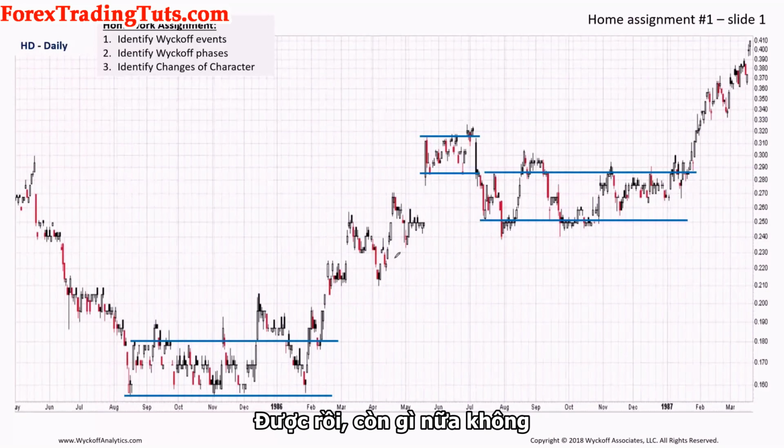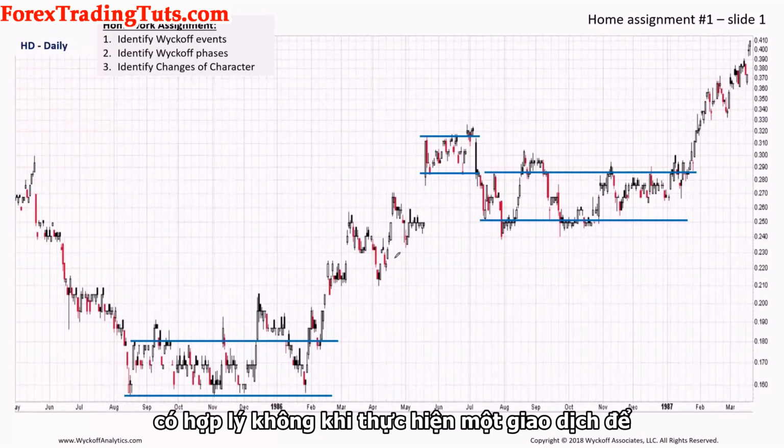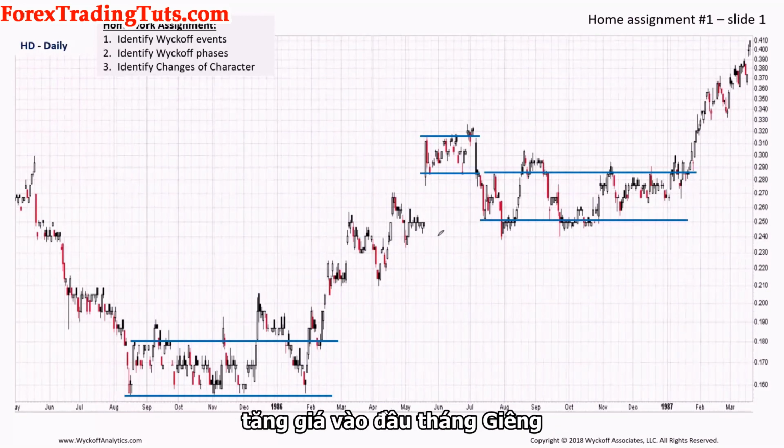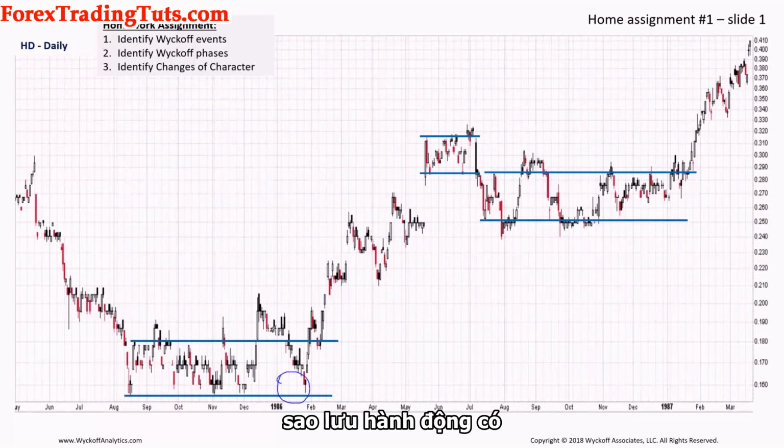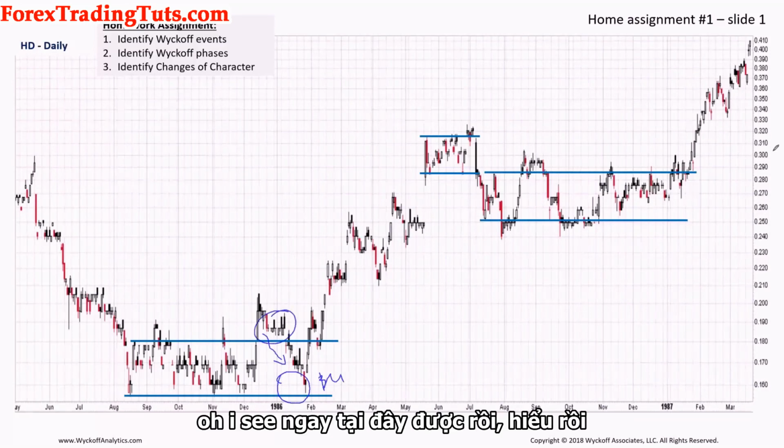Okay, what else? Is it reasonable to take a trade to the upside in early January, considering the reaction looks like a backing up action? Yes. And if you're thinking that this is a backing up action, let's say, oh, I see, right here. Okay, got it.